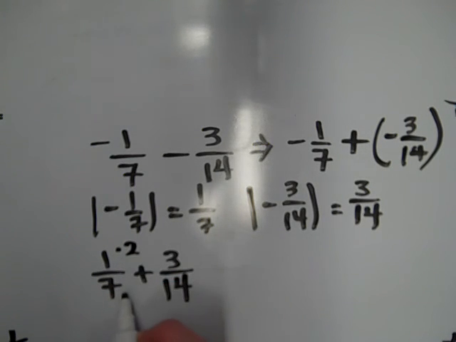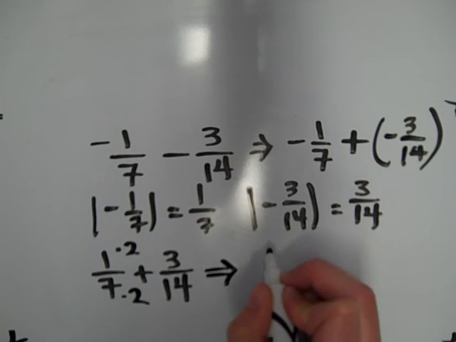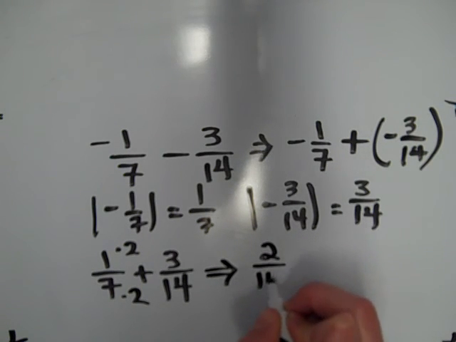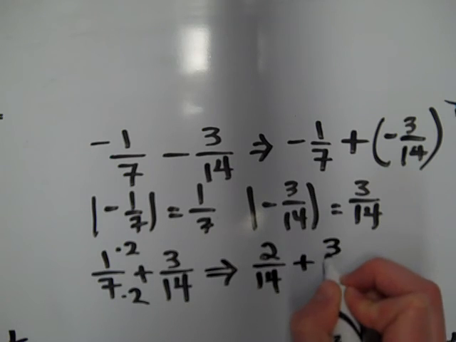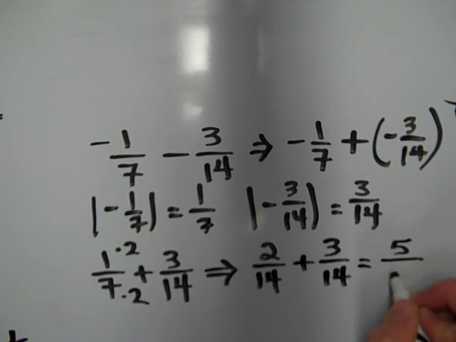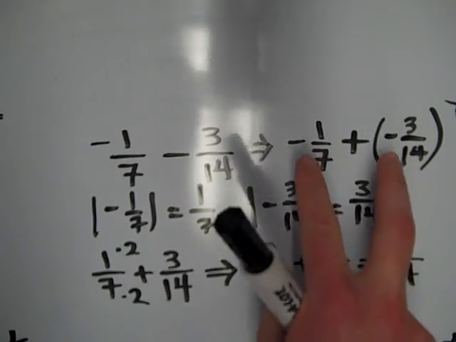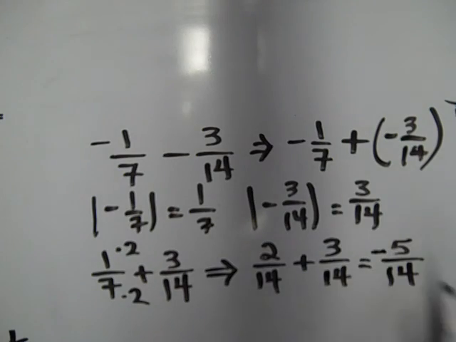So I'm going to multiply this one by 2 over 2. And we get 2 over 14 plus 3 over 14. That equals 5 over 14. And since both the numbers are negative in the addition problem we wrote, the answer is going to be negative.